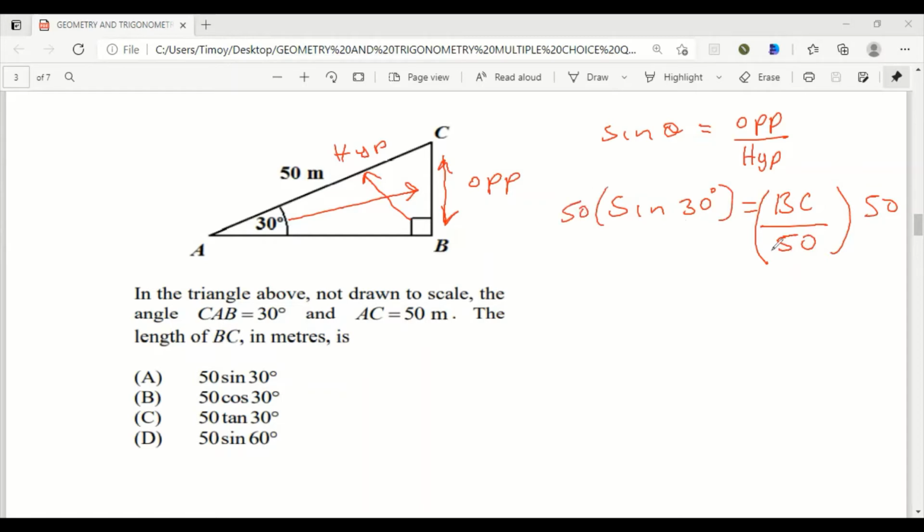But you realize that 50 will cancel out 50, leaving us with just BC. And over here, all we have is 50 times sine 30, which can be written as 50 sine of 30 degrees. Which one of these is that option? 50 sine 30 is A.